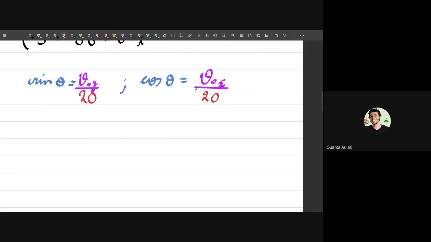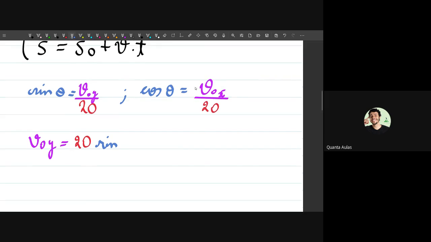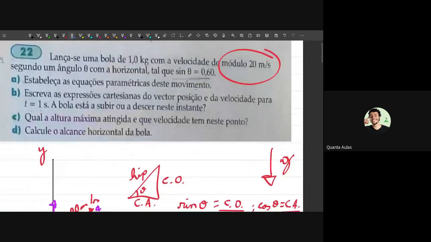So we can obtain these values because I can, for example, multiply by 20 on the other side of this equation. So I have 20 times sine of theta. But what's theta in our problem? I don't know what theta is, but I know sine of theta is 0.6, right?